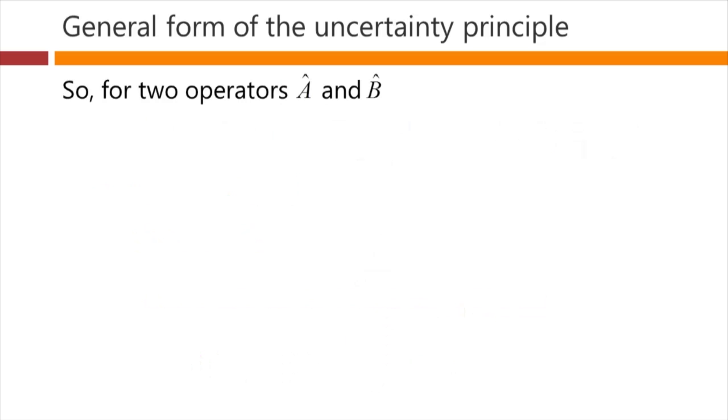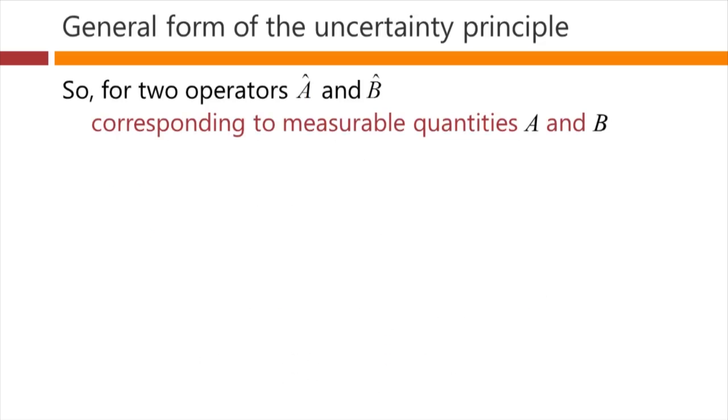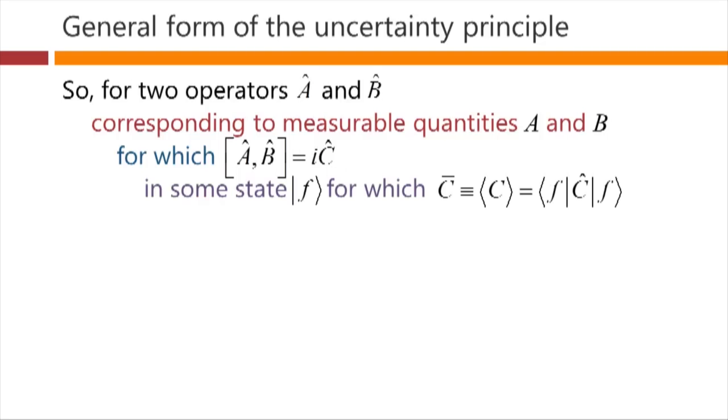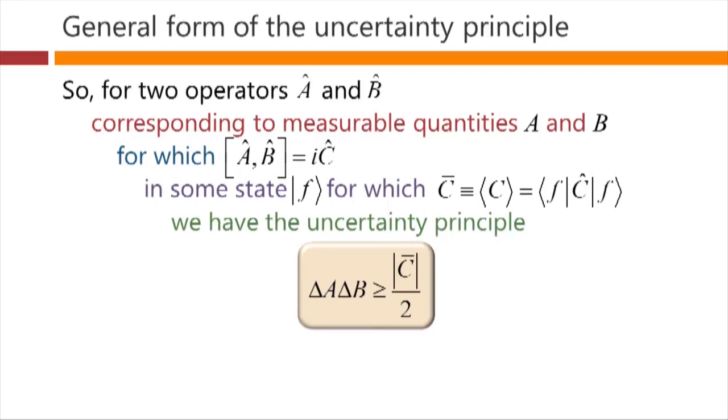So, for two operators, a and b, corresponding to measurable quantities, a and b, and for which the commutator of a and b is equal to i times some operator c, in some state f, for which c bar, that's the expectation of c, is written out like this, of course, we have the uncertainty principle that delta a times delta b is greater than or equal to the modulus of c bar all over 2.